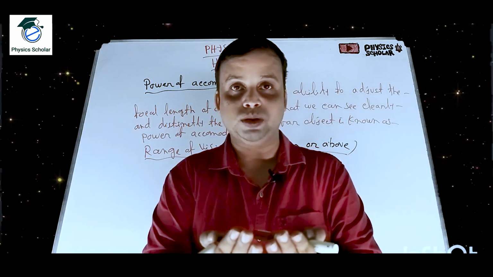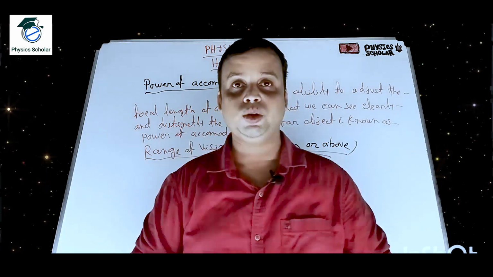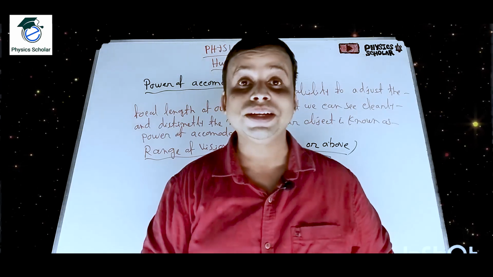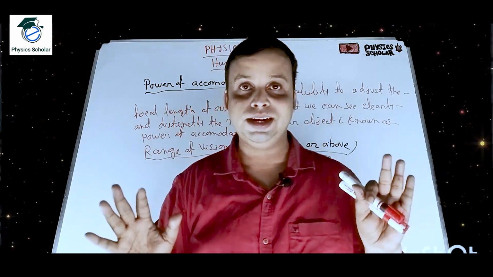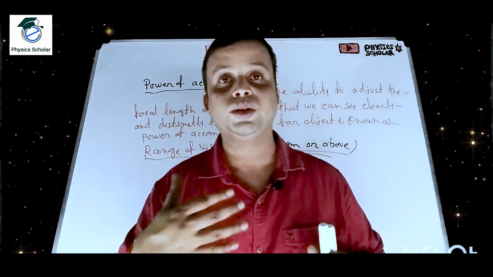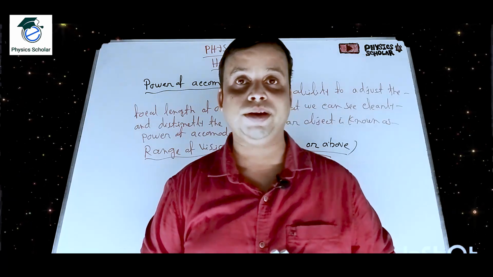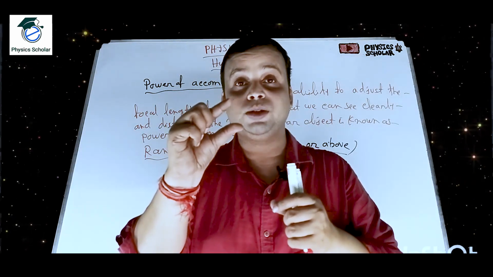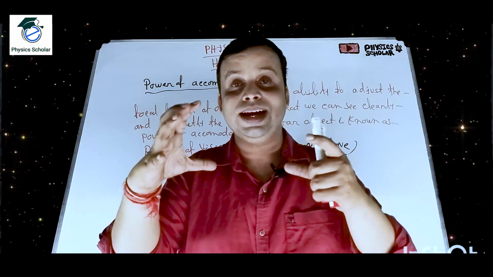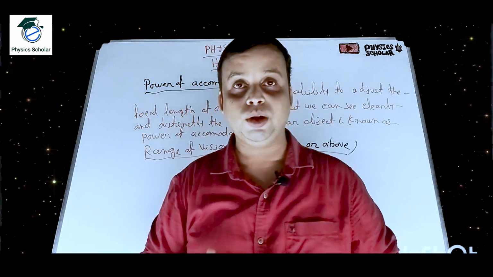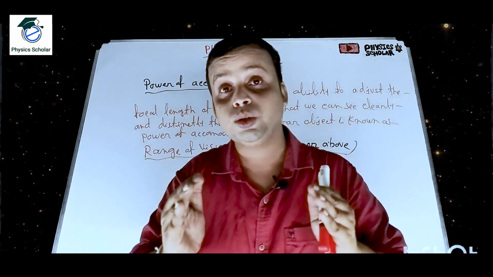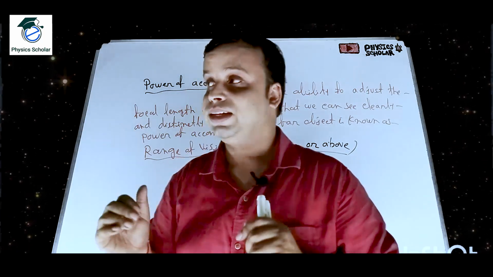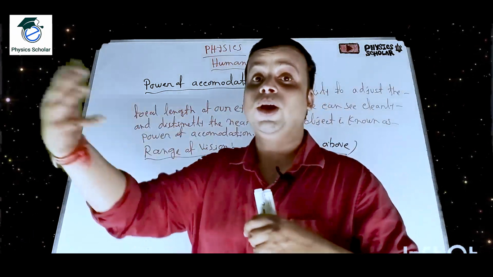If you keep a book very close to your eyes, we cannot read it properly. Even a single word we cannot read if it is placed very close to our eyes. Why? Because the eye lens will become thicker and thicker as the object comes near to our eyes, but that also has some limit. The lens cannot go beyond that level.